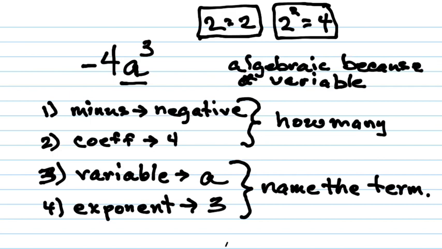Okay? All right. So let's talk a little bit about operations. And the reason is because everything in algebra is about shorthand. Do you know what shorthand means? You don't write out the whole word. You just use a symbol to represent the word, right?